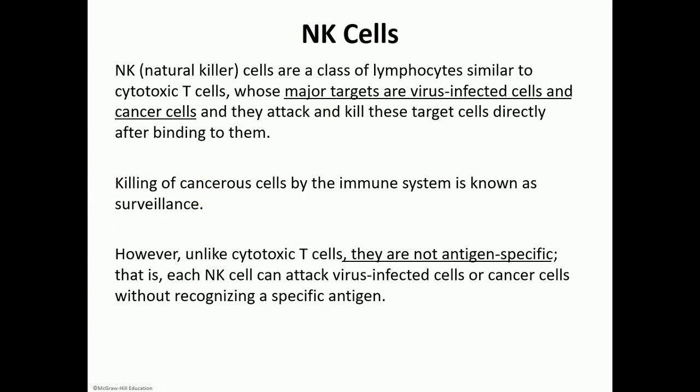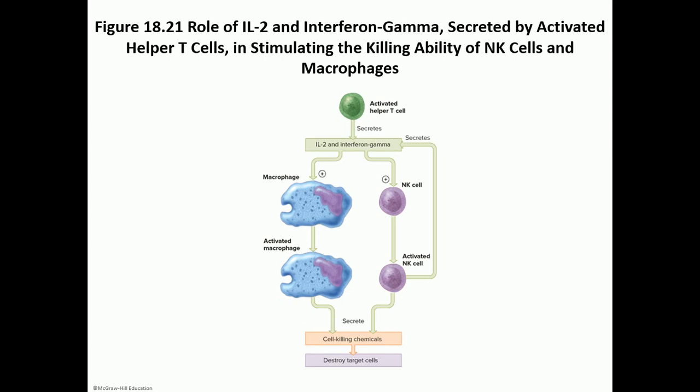And once they identify a cell that has cancerous changes going on, they will go ahead and directly attack and directly kill that cell. It does not need class 1 or class 2 MHCs. It will recognize these specific antigens through different ways that are not dependent on class 1 or class 2.